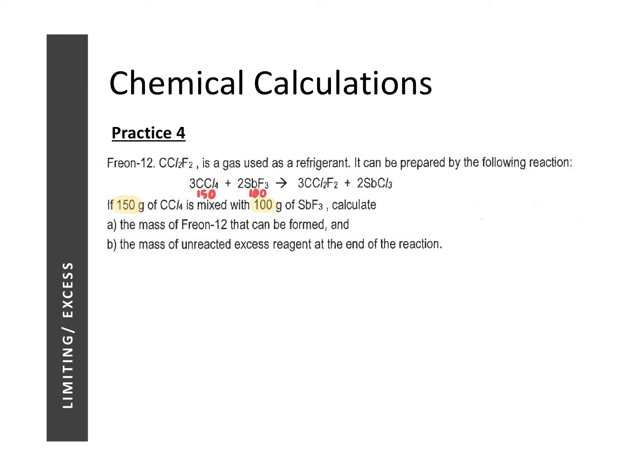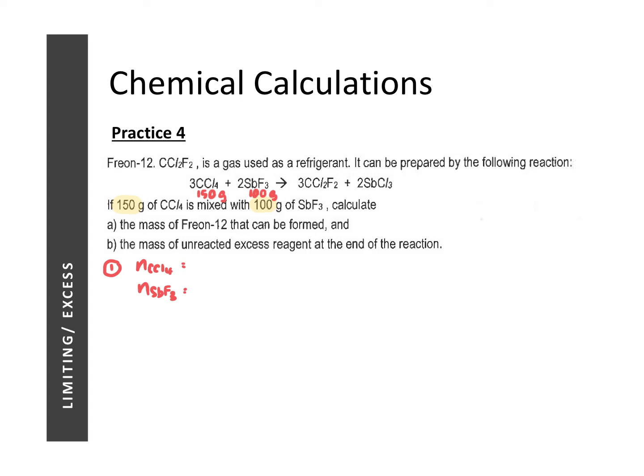Once again, if you are given the amount of both reactants in the question, it's a limiting excess type question. Step number 1 is to convert or find number of moles of both reactants. So we need to find number of moles of CCl4 and number of moles of SbF3.